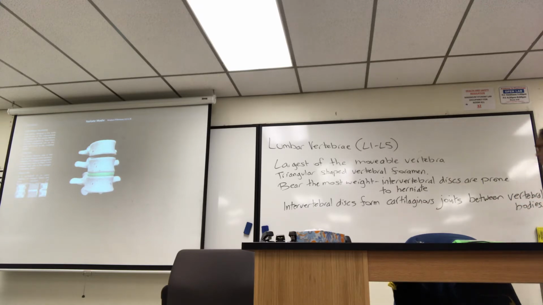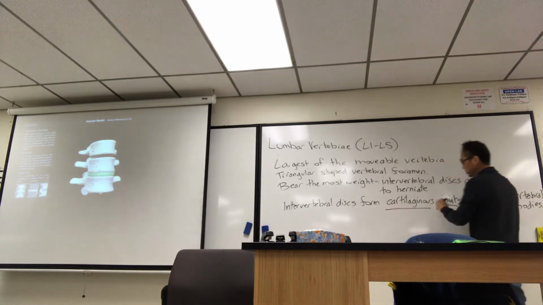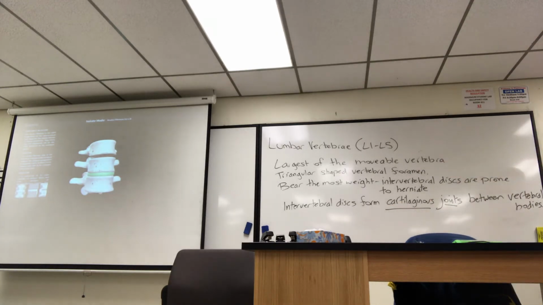Now, a joint is between two bones, but cartilaginous just describes the material that binds the bones together.